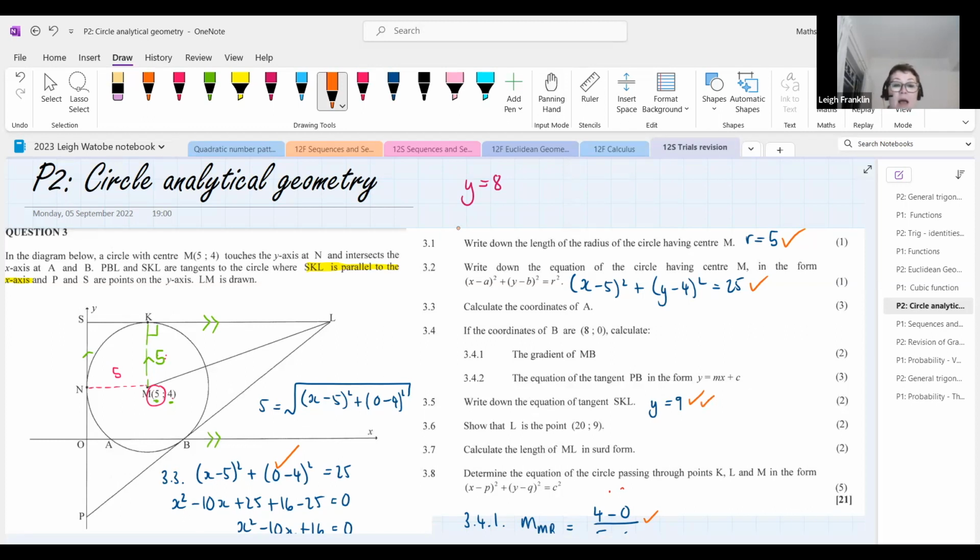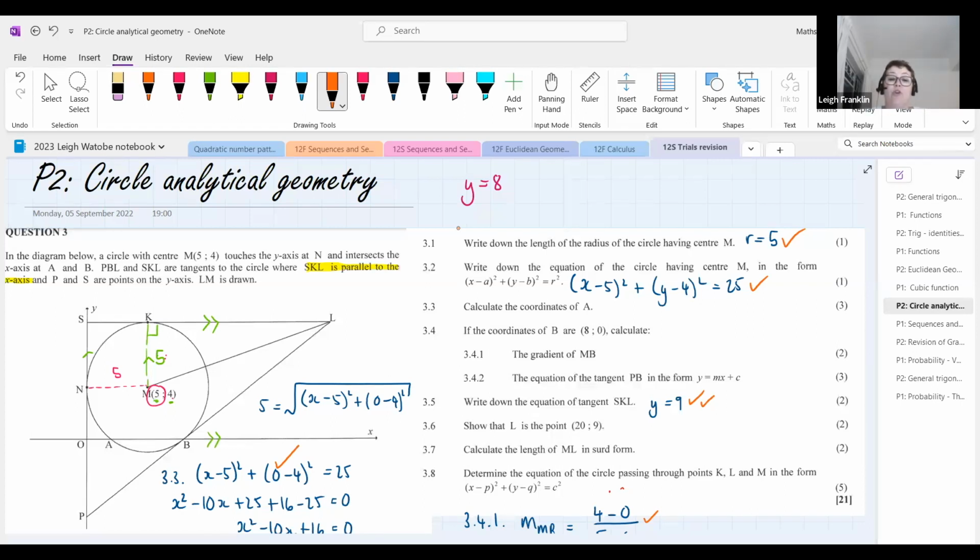Okay, question 3.6. Show that L is the point (20; 9). Okay, so like with all questions that say show that, we're not allowed to use the information that we have been given. All right, we've got to arrive at these answers in a different way. And it's obviously not worth a lot of marks.